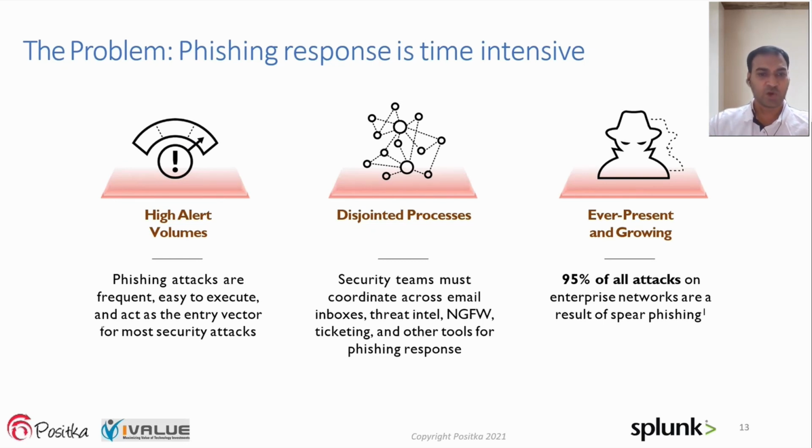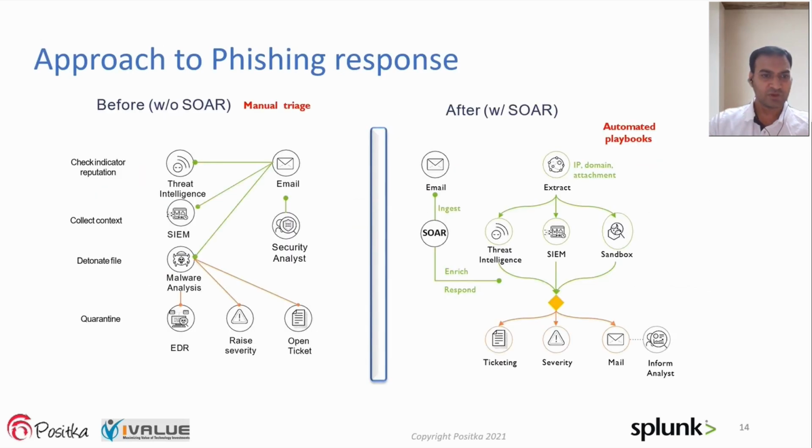So we'll see how the automation happens. We'll compare a manual way and an automated way. Typically the approach to a phishing response is that a security analyst gets the email and downloads it, whether it is from a common mailbox or from the user's mailbox. Once he has the email, he's going to look for indicators within the email.